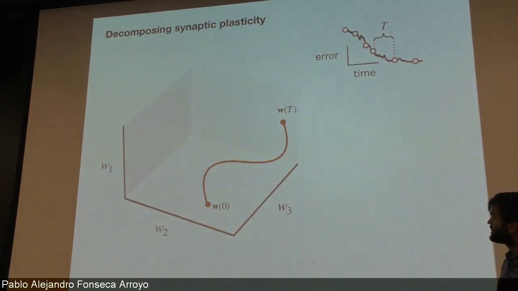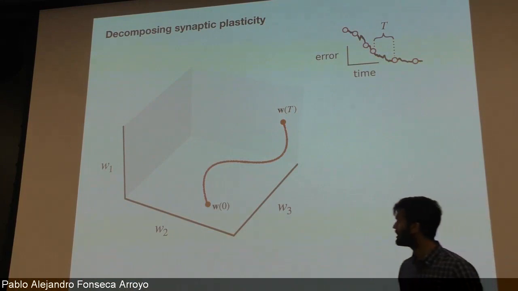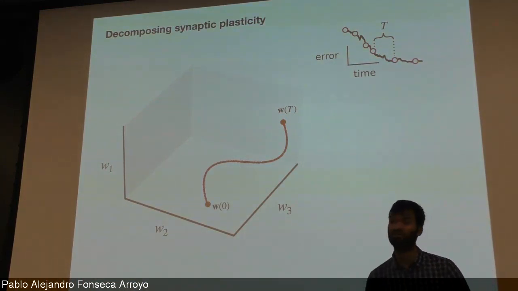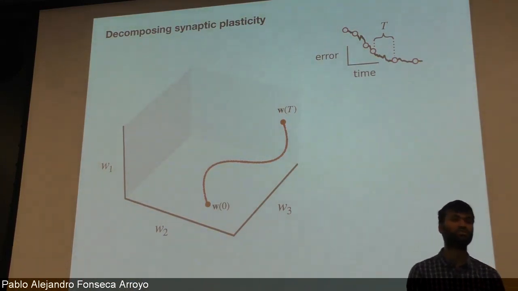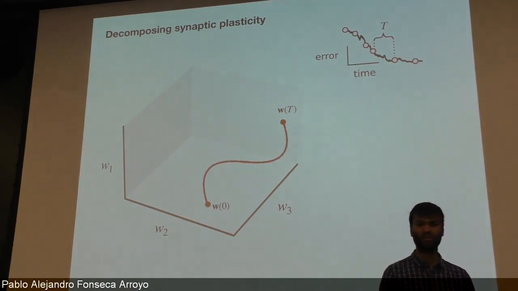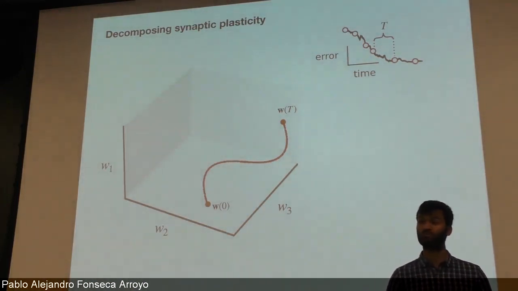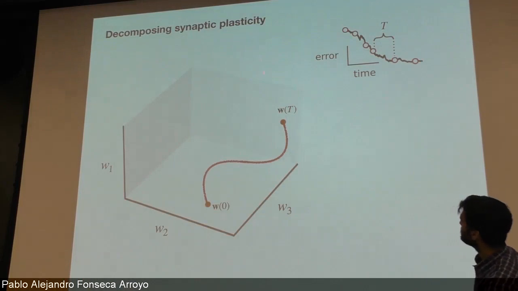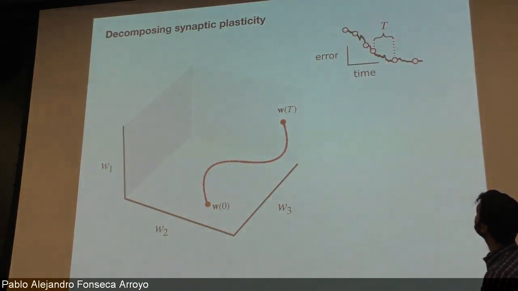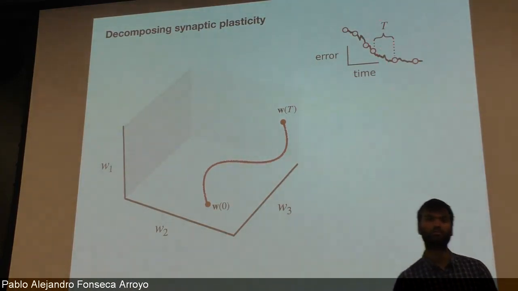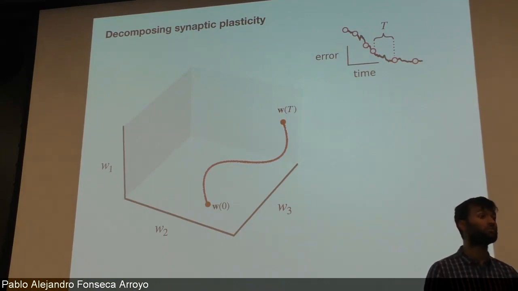Now, in order to think about this, to represent this mathematically, what I really want is to have some kind of discrete representation of the weight updates, but synapses are moving continuously in time. So what I'm going to do is think about a time interval that's smaller than the time delay or the temporal sparsity of the task.